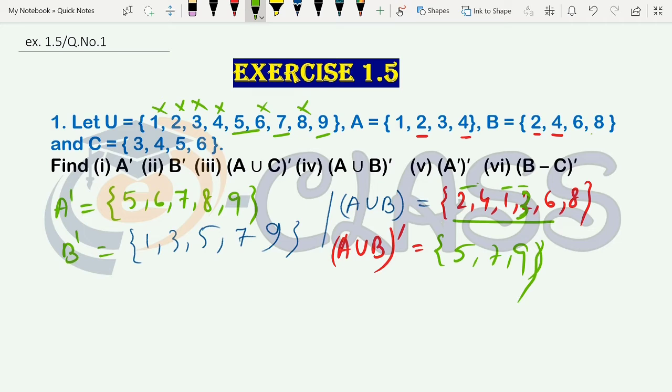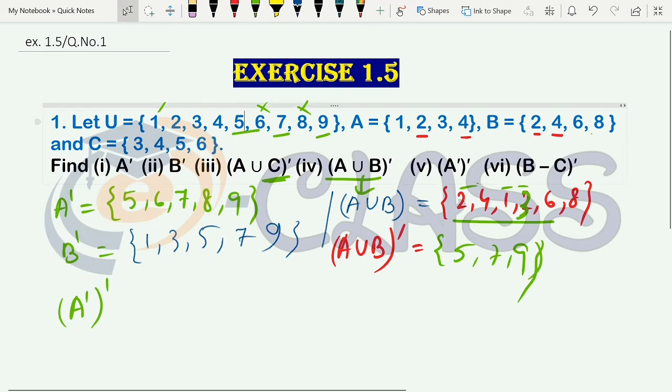Now A union B complement is done. Now A union C complement. You can do it in a similar manner, so do it as homework. Now we calculate A complement complement.